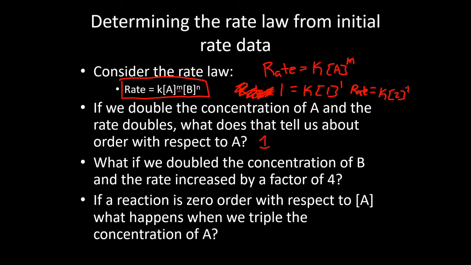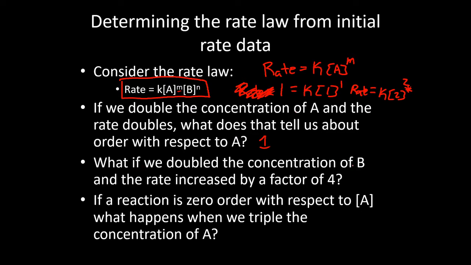If, on the other hand, this exponent was not 1, if the exponent was 2, I wouldn't end up with a rate of 2. I would end up with a rate of 4, because I would be raising this concentration to the second power, and so I wouldn't just end up with the same change. It increases the change there.